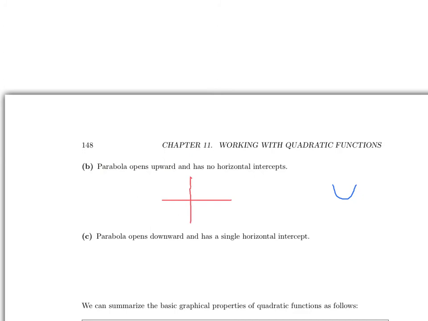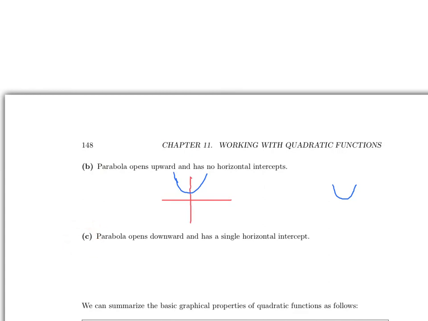It must have no horizontal intercepts, which means that it cannot cross the horizontal axis anywhere. The whole graph has to lie, therefore, probably above the axis. So a graph like that would accomplish what we're looking for. It's upward opening, and it never hits the horizontal axis.